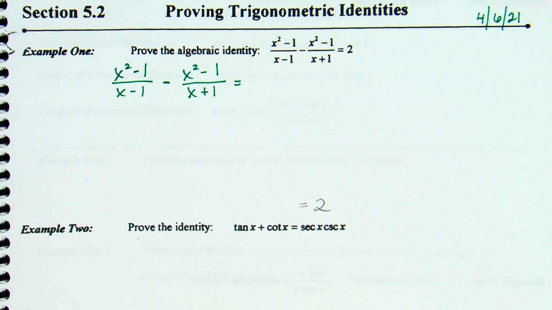One option, we see two fractions being subtracted, is to get a common denominator. We can go that way, although I'll be honest, it's not the easier way. I'm not against it. It's just not the easier way in that particular situation.